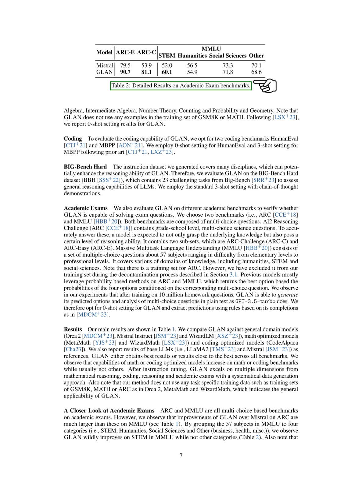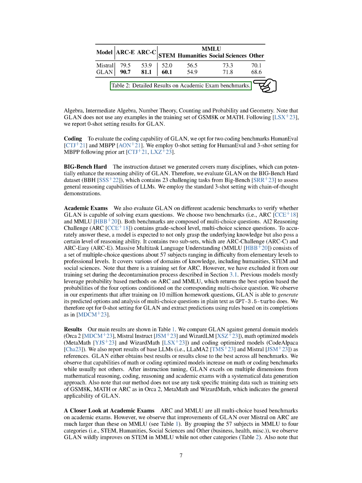In the coding domain, we evaluate GLAN's coding capabilities using two benchmarks, Human Eval and MBPP, employing different settings based on previous studies. Additionally, we assess GLAN's general reasoning abilities on the Big Bench Hard dataset, which includes 23 challenging tasks.